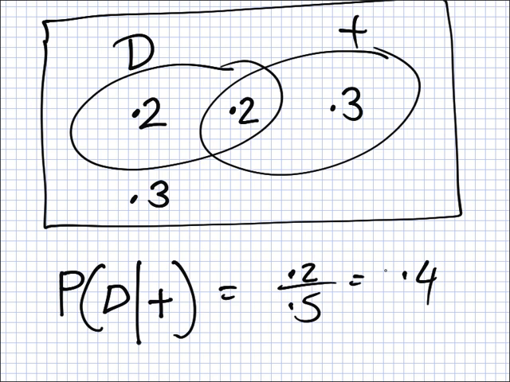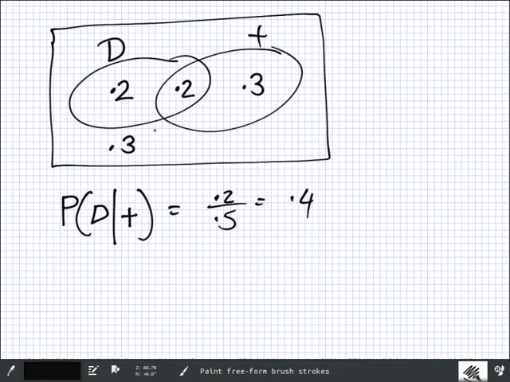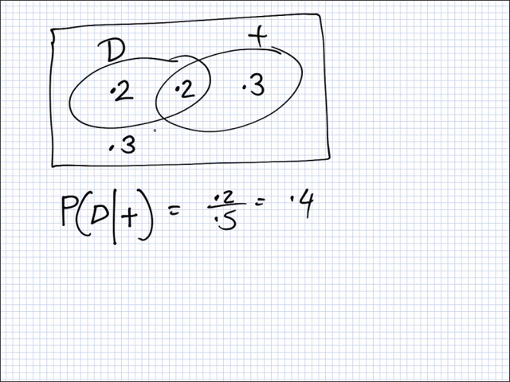Okay. Next calculation. I want you to tell me how sensitive this test is. So what is sensitivity? Probability of getting a positive result given that you have the disease. That's 0.2 over 0.4, which is 50%.